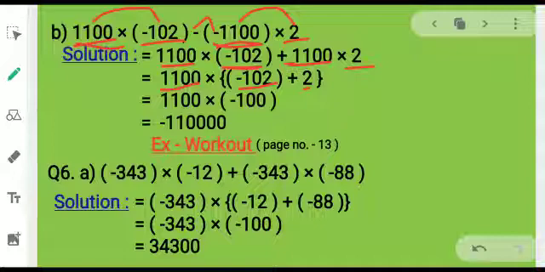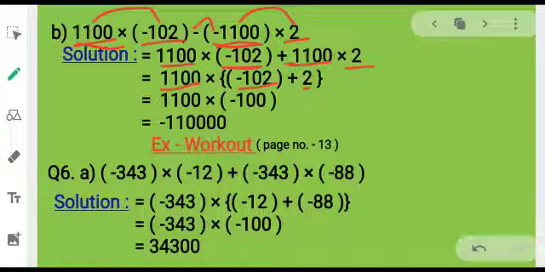Now we have minus 102 and plus 2. We know that if different signs are there, then we have to subtract it. When we subtract 2 from 102, we get 100, because 102 is a greater number than 2 and it has a negative sign, so we write minus 100.